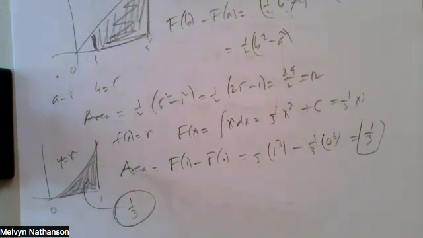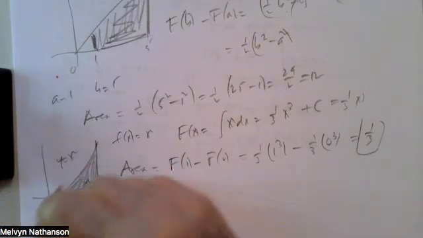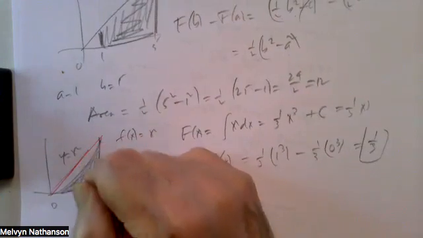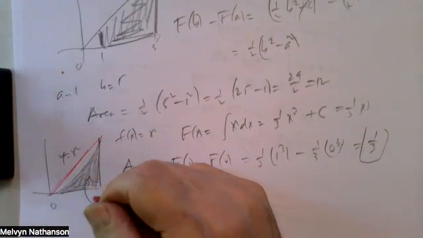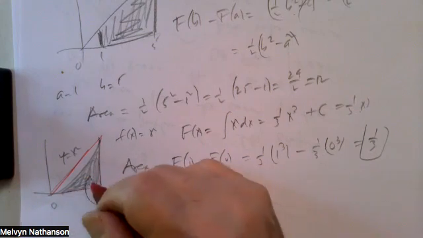I mean, really, it's quite fascinating. If we had taken this triangle, that's a triangle whose base is 1, height is 1, so we have area a half.